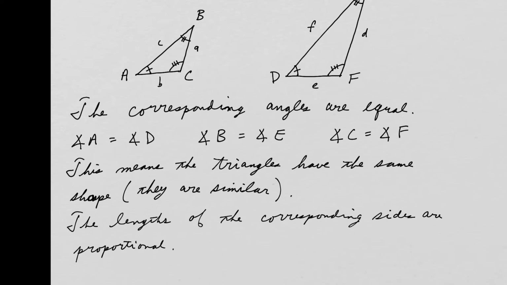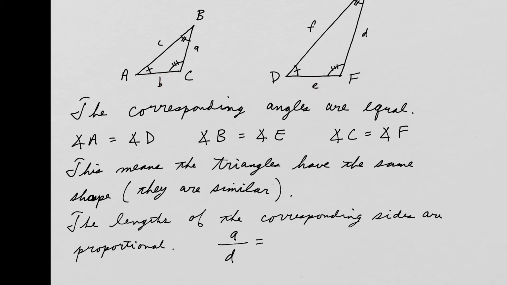So what does that mean? It means if I set up these ratios, right? If I start with side A, well, what side corresponds to side A in the other triangle? Well, if I go to the similar triangle over here, it must be side D, right? That matches with A. It's corresponding. So if I write that ratio of the length of A over the length of D, that's got to equal, then I come back to this triangle, say B, what side is corresponding?